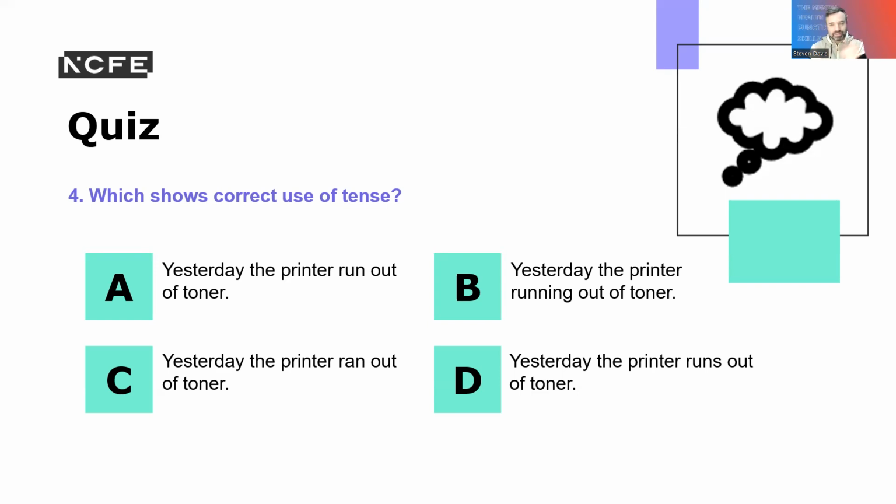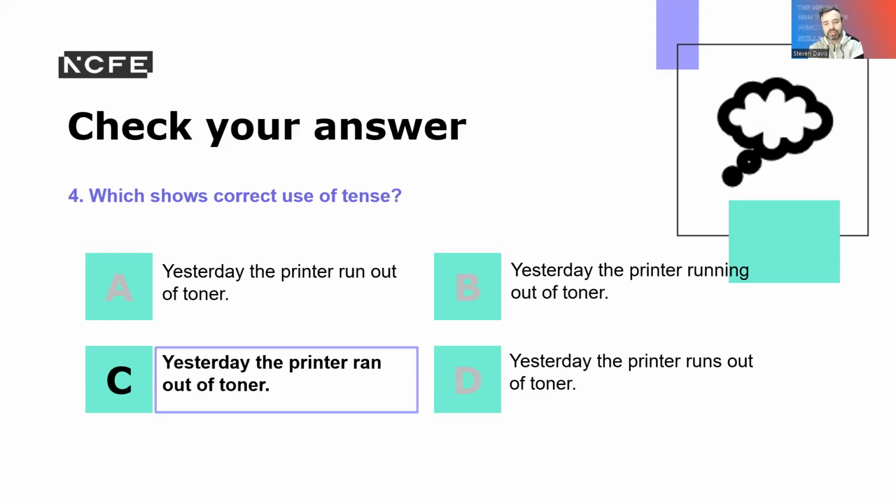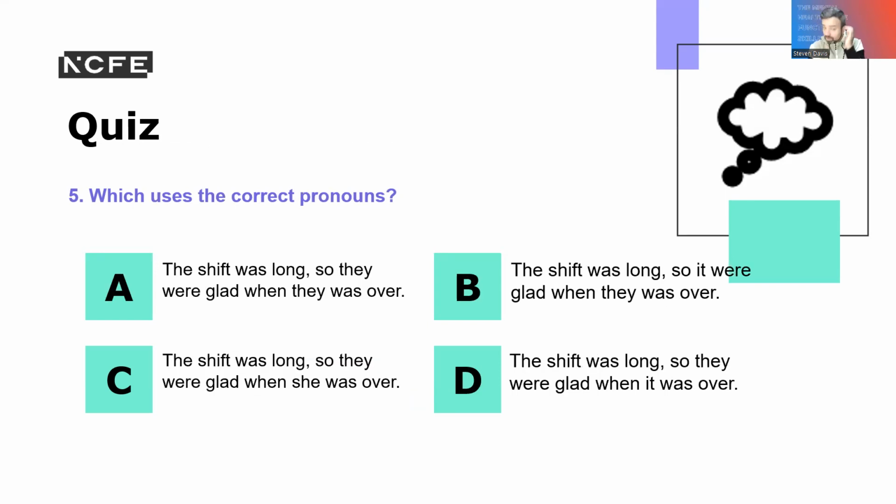So it's already happened, it's gone. So C. Which use the correct pronouns? So have a look. And hopefully you came up with: the shift was long, so they were glad when it was over.